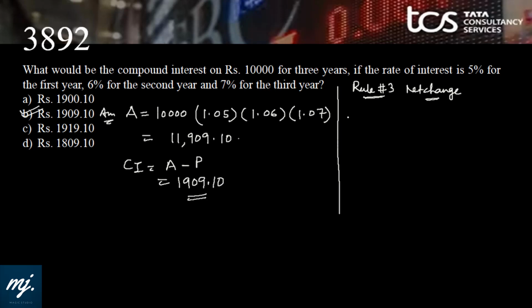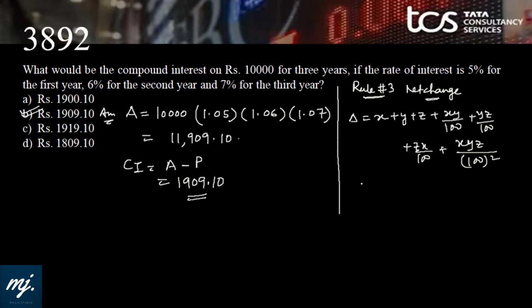In case of 3 interest rates, net interest received would be simply x plus y plus z plus xy by 100 plus yz by 100 plus zx by 100 plus xyz by 100 square. And this seems to be very easy, because whatever percentage we get using this formula, that multiplied into 10,000 will give us directly the compound interest.